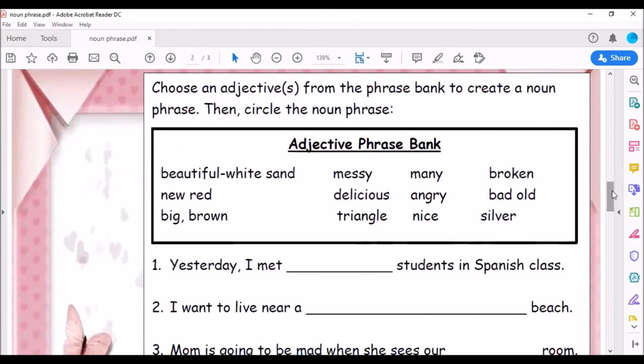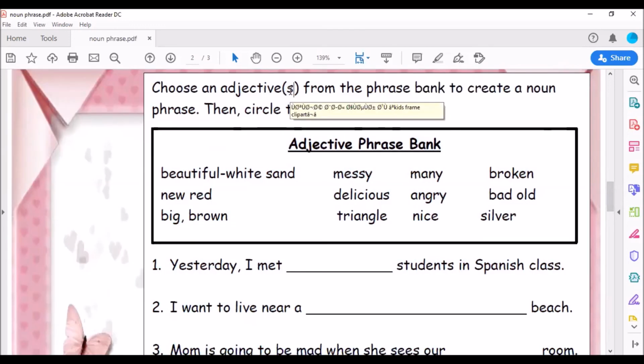Okay, this is another exercise. Choose an adjective or adjectives because we said in a noun phrase, I may have one adjective or two adjectives or more, okay? From the phrase bank to create a noun phrase, then circle the noun phrase.